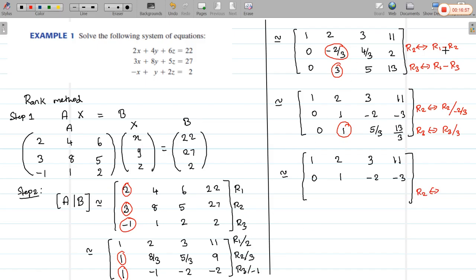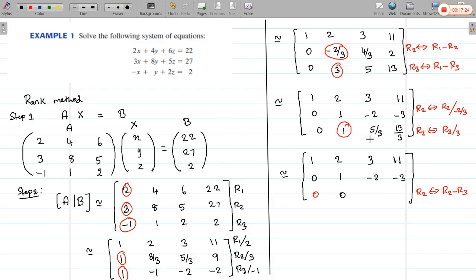At the beginning we did the operation with R1. Now if I do an operation with R1, there is no use because we will get some value here. So now I do the operation with R2: R2 minus R3 or R3 minus R2, it's up to you. So now this is R2, this is R3. 0 minus 0, 0. 1 minus 1, 0.